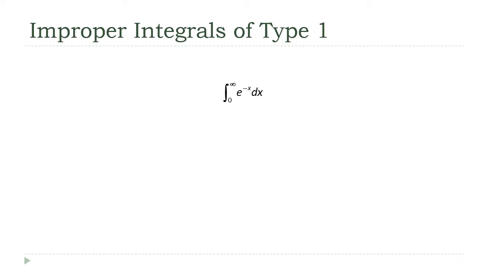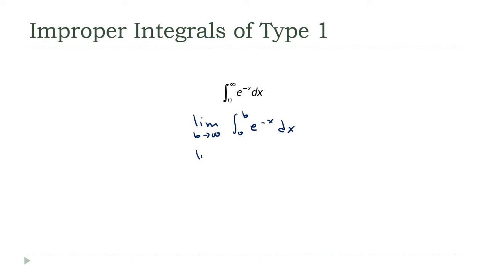All right, so let's see how we can do this. We're going to do the integral from 0 to infinity of e to the negative x dx. Well, first, make that replacement. I'm going to replace infinity with b, and I'm going to put the limit as b approaches infinity out in front. Okay, so I know what the antiderivative is here.